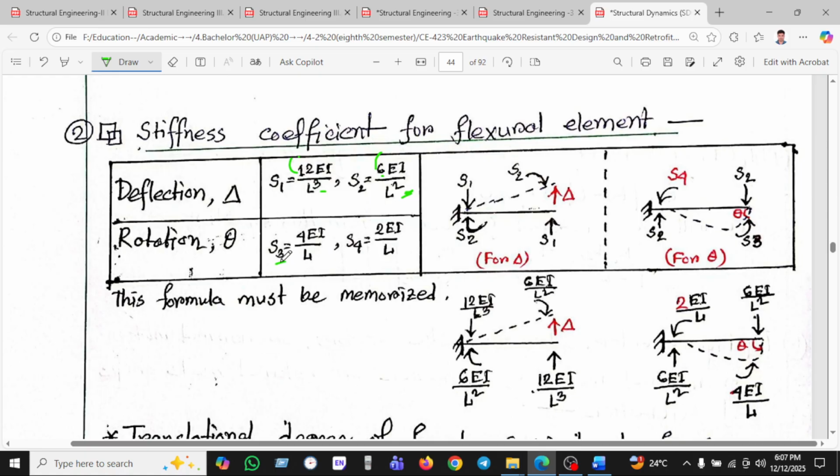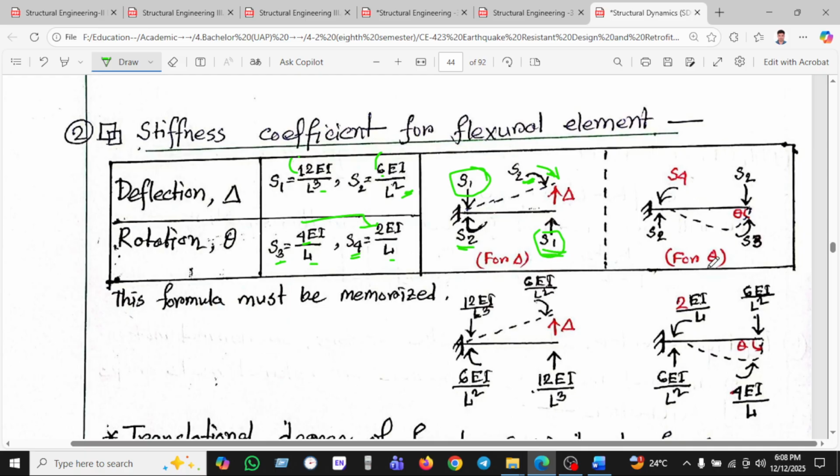In the same way S3 will be 4 EI by L, and S4 will be half of 4, which is 2 EI by L. So when we apply the load upward, this is S1, and in the opposite direction it will be S2. Vice versa, S1 and the opposite direction will be S2, for the deflection.